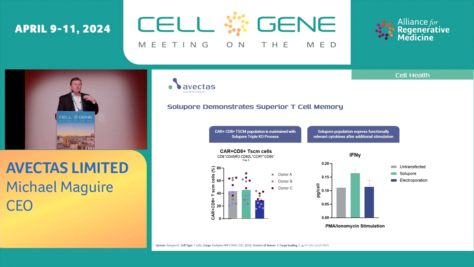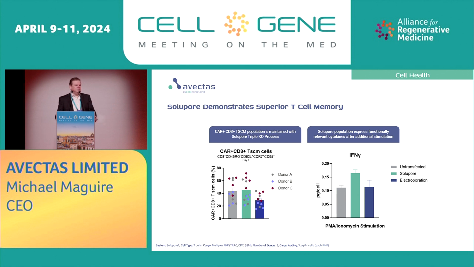So moving on from that knockout, knock-in, one of the key pieces of work we did last year was the development of a model CAR T, a complex CAR T product, which includes a lentivirally transduced CD19, along with 3 knockouts, CD7, B2M, and TRAC.